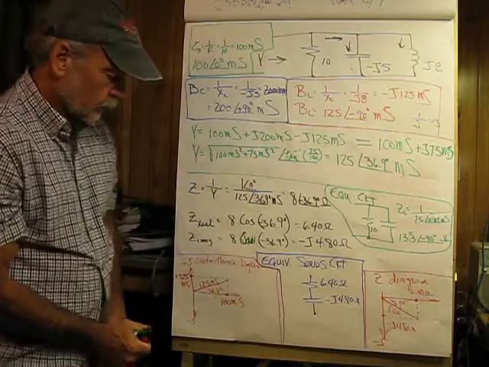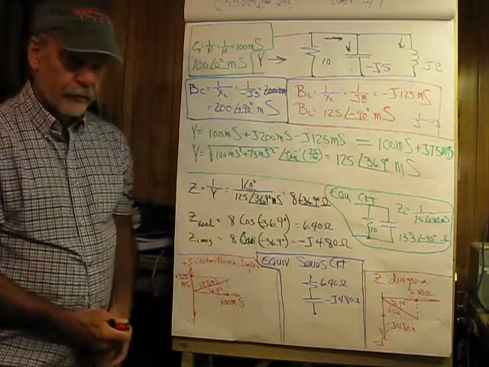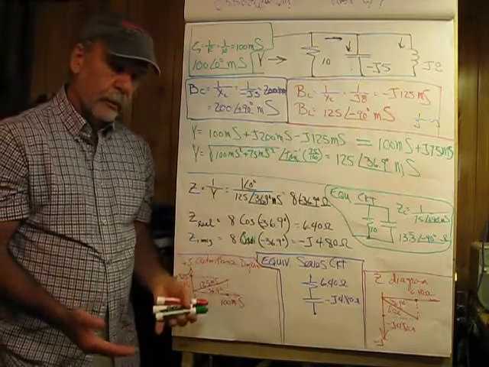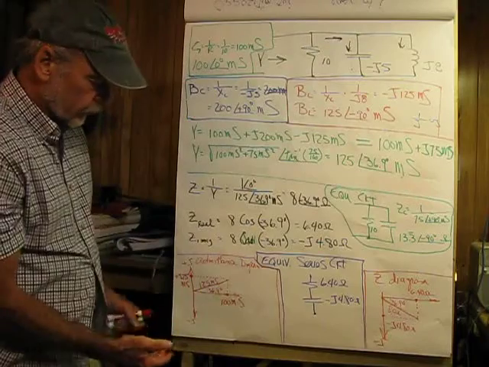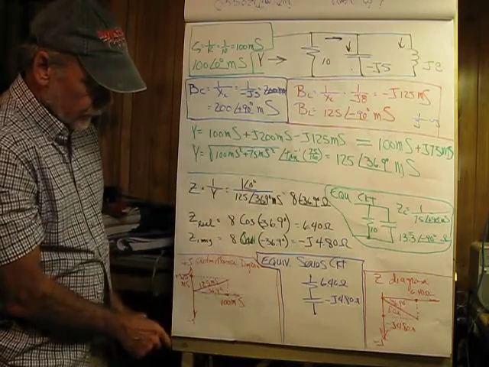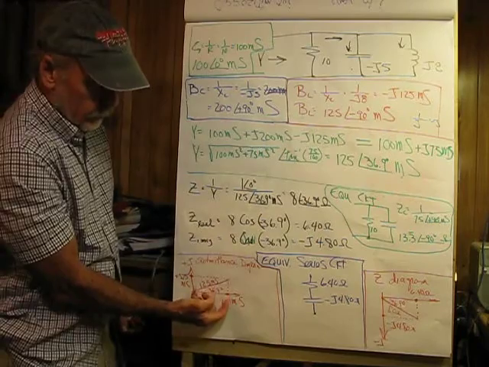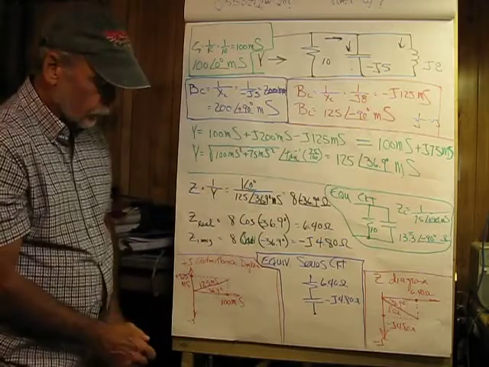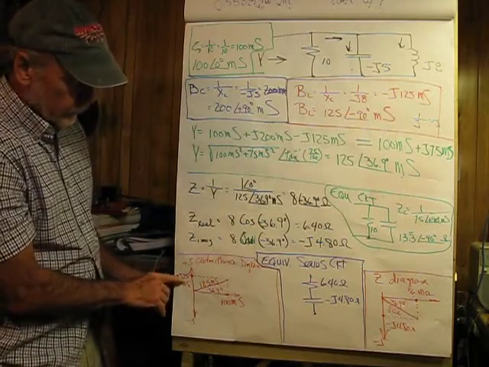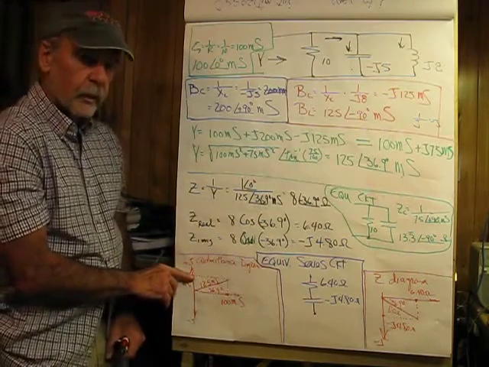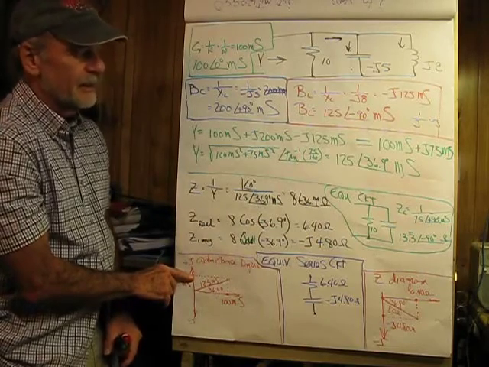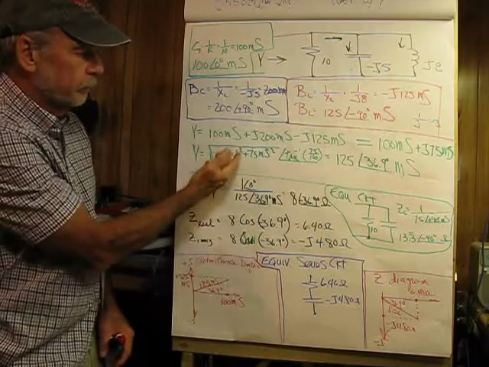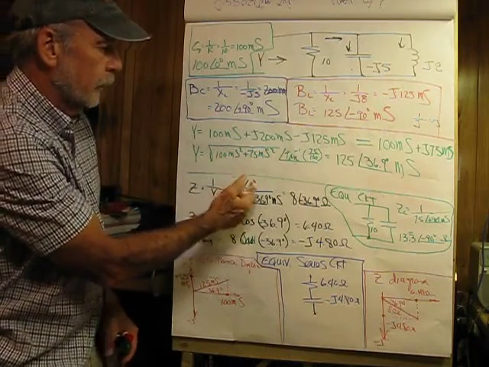Last step here is, let's take a look at an admittance diagram, another new term, and it's basically the same thing as what we've been doing from the beginning on series circuits. We have plus J and minus J, and I'm going to put a dot at 100 millisiemens on the real axis to represent the conductance of the resistor, and a dot here at plus J 75 millisiemens, which represents the combination of the inductor and the capacitor in this form right here.